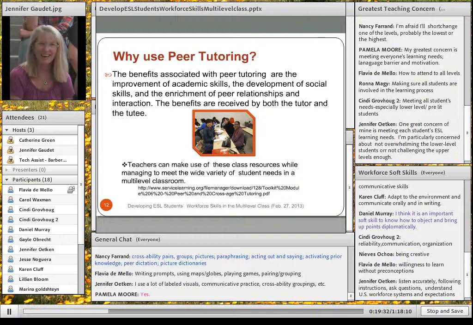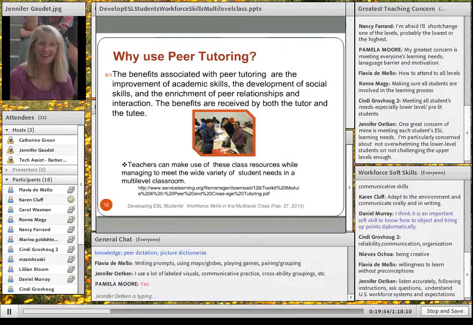Would you please raise your hand if you have used peer tutors before in your classroom? Remember, for this, you go up to the top bar there where you see the little person raising their hand. Okay, you guys already got it. So if you have used peer tutoring before, wow.